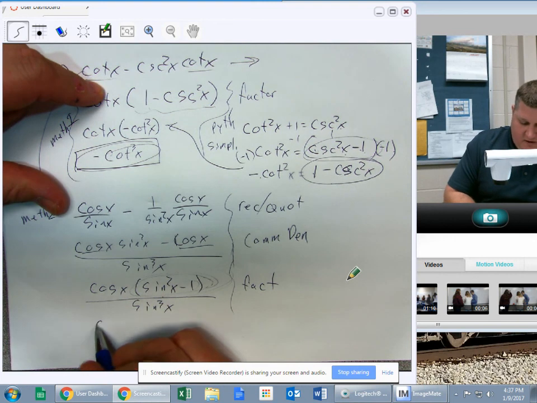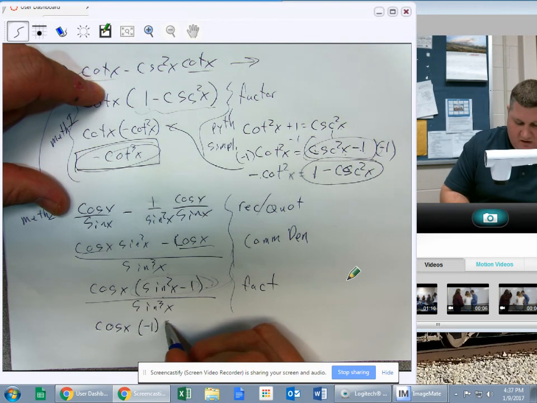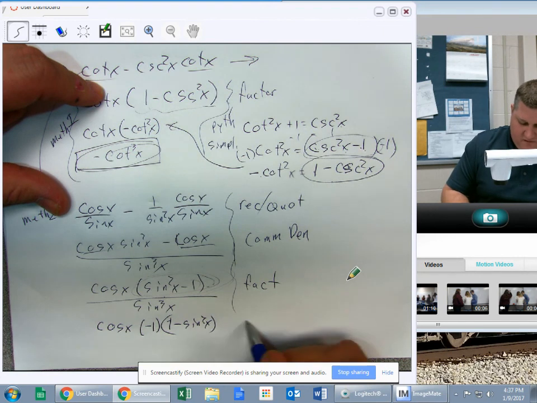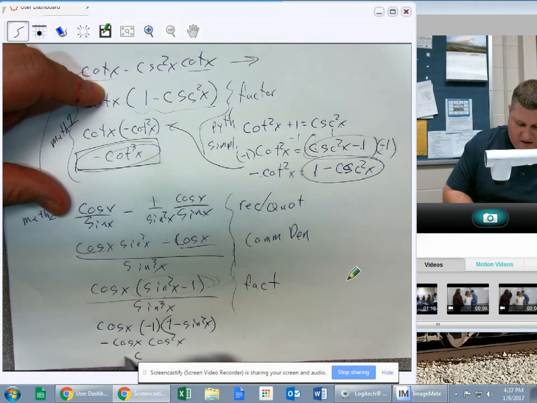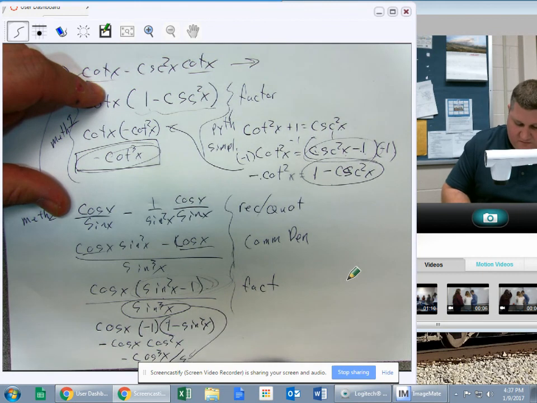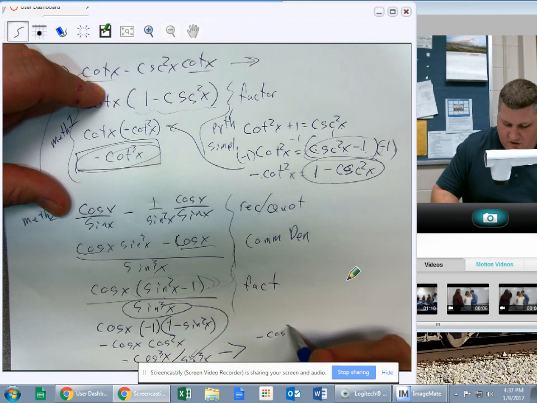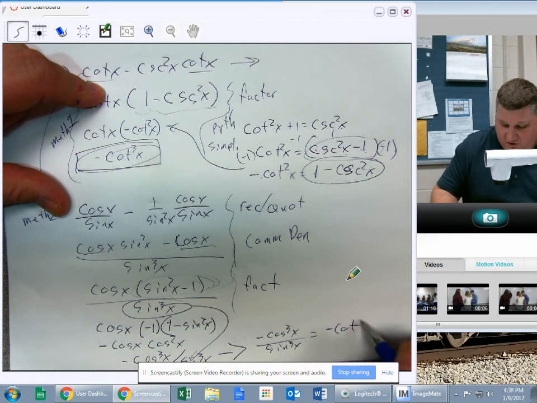Can I take a negative 1 out and say cosine x times negative 1 times 1 minus sine squared x, and then that turns into cosine x, negative out front here, cosine squared x, which turns into negative cosine cubed x over, don't forget that sine cubed x, and so negative cosine cubed x over sine cubed x equals negative cotangent cubed x.